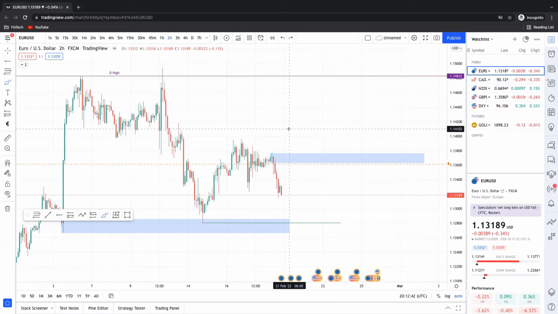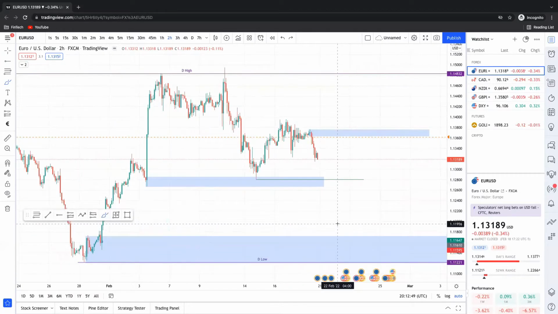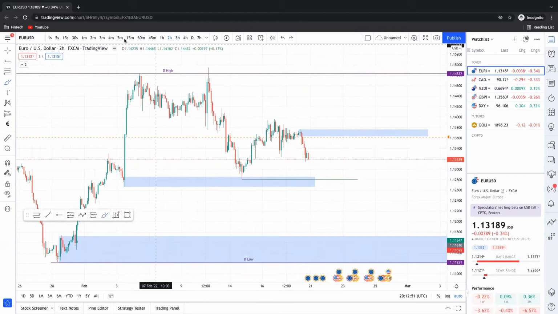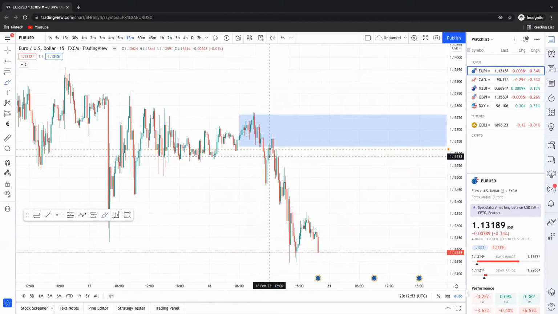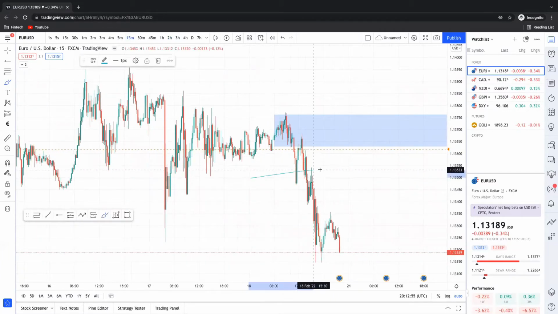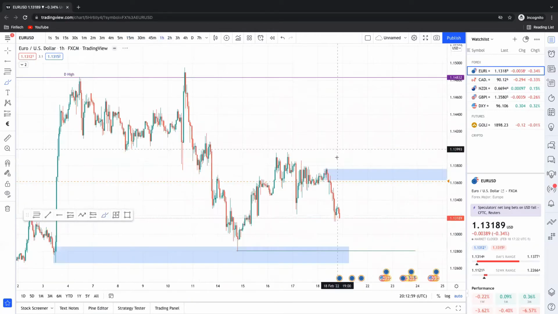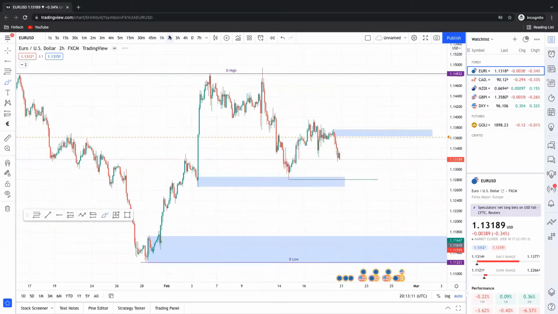You need to fit your model in that session, and if you get any scalp in the short, it will be fruitful. So that's for the euro dollar. Nothing much is going on, so I'm expecting it to continue to drop here and break this structure.